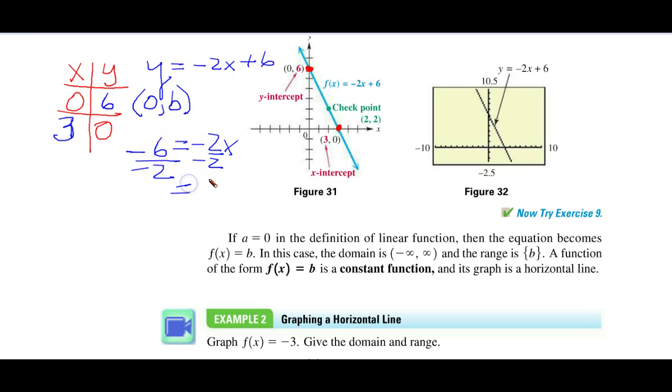So x equals 3 here, and that's what they have, (3, 0). And the formal way to write that is (a, 0). So anytime you have these coordinates, a 0 for the x, whatever value you have for the b, that is your y-intercept. And if you have an x value and your y-coordinate is 0, then this is your x-intercept. And that's what they're describing here. Let's go on.